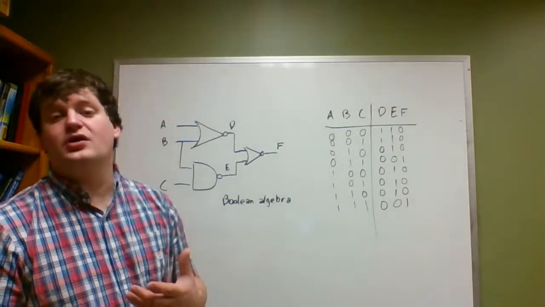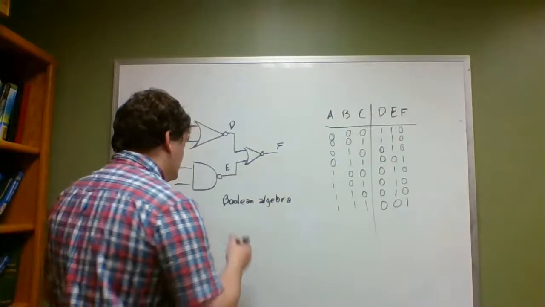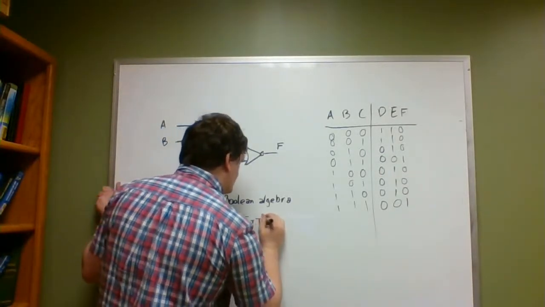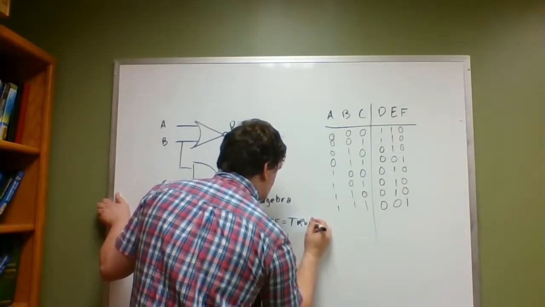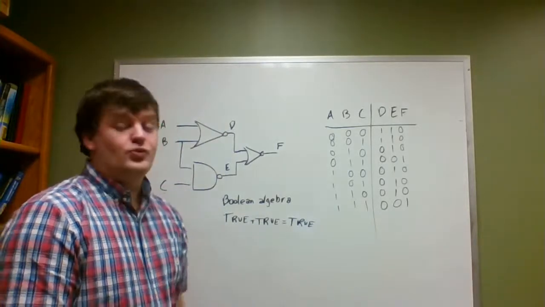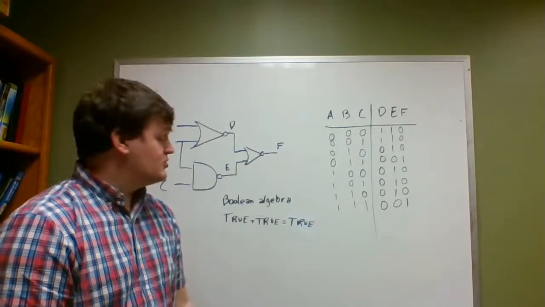They're true and false. They're presence of a voltage and absence of a voltage. So it really ends up being true plus true equals true, instead of 1 plus 1 equals 1. But writing 1 plus 1 equals 1 is a perfectly valid way of approaching this.